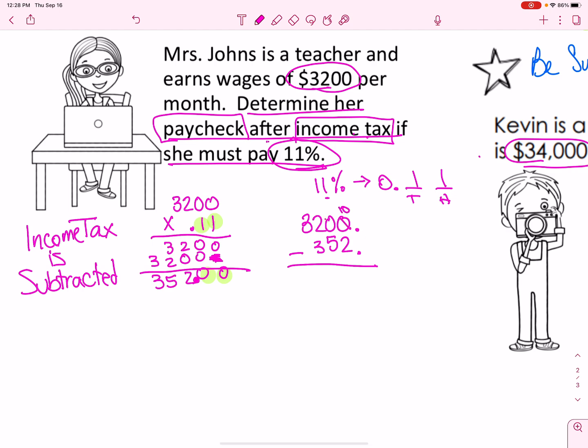That becomes a 10, that becomes a 9, and that becomes a 1. Still going to have to borrow. So 8, 4, 7, 8, and 2. So Mrs. Johns is going to be able to take home $2,848.